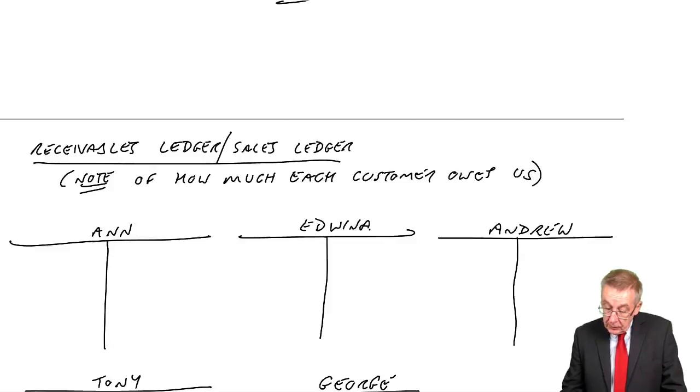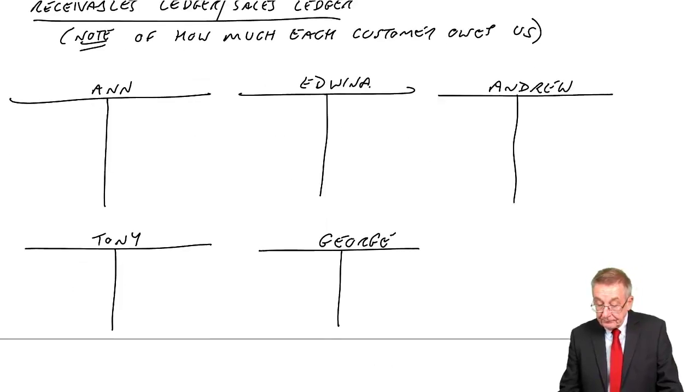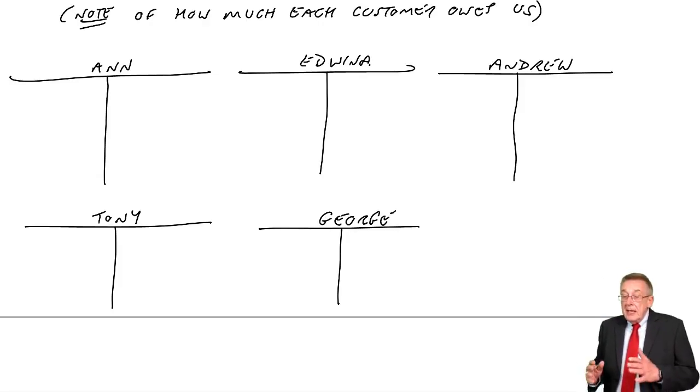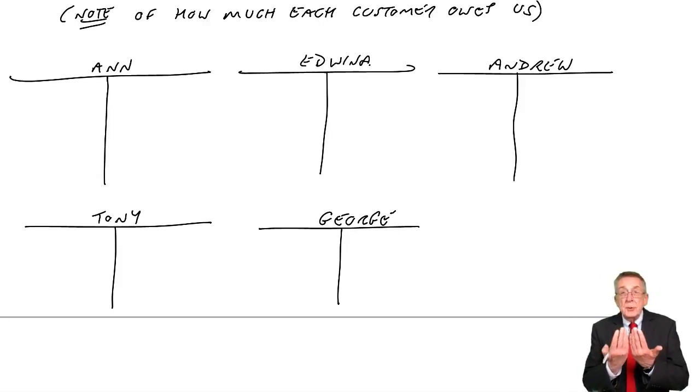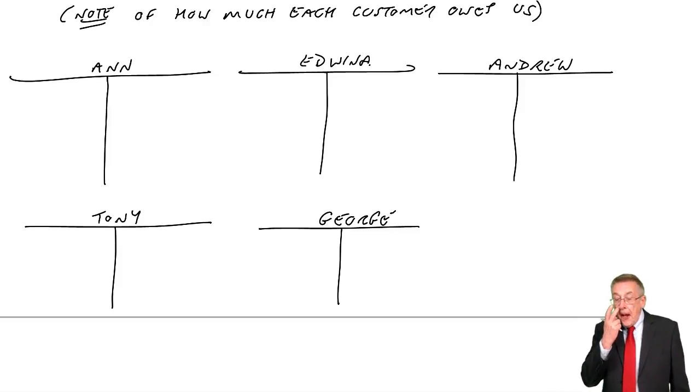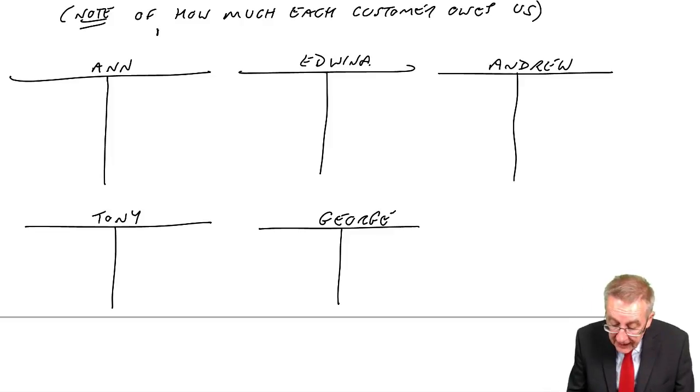But I can't stress enough, even though usually these would be pages in a book, and therefore they look like T accounts, they are not double entry. They are note only.